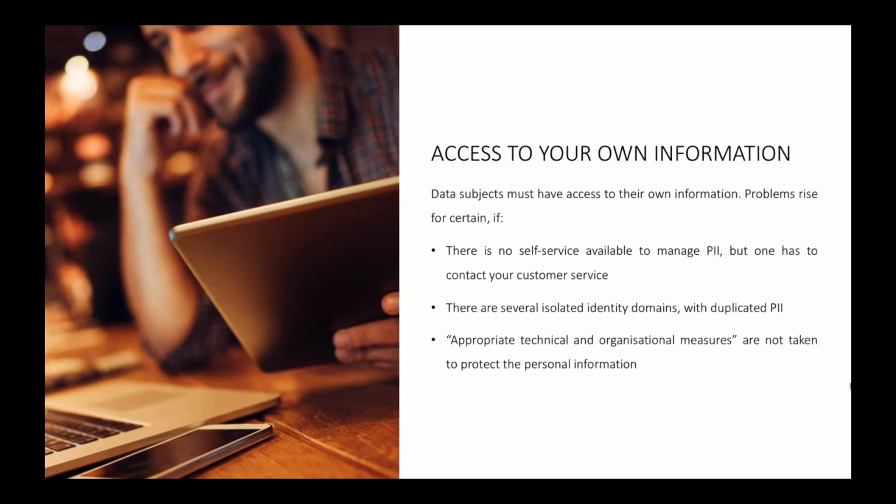One more issue around access to your own information is that in many cases the person who needs access to information, or whose information is stored, may not access that information themselves. Examples can be found when people are under the care of others.